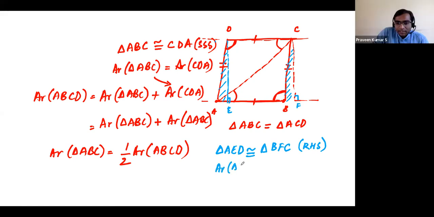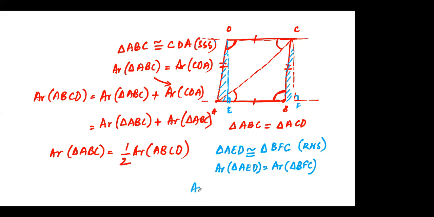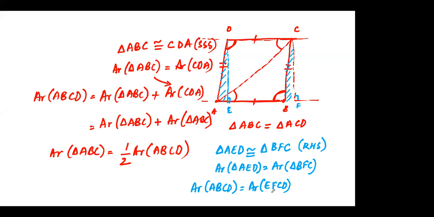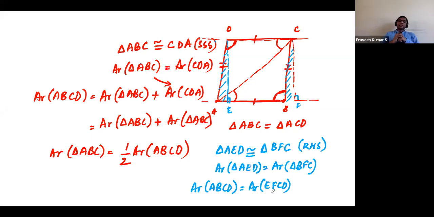I can say area of triangle AED is equal to area of triangle BFC. So now I can say area of quadrilateral ABCD will be equal to area of EFCD. Am I right? Yes, sir. And EFCD is nothing but a rectangle now, right?